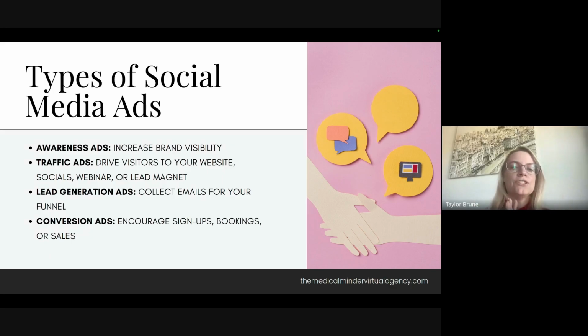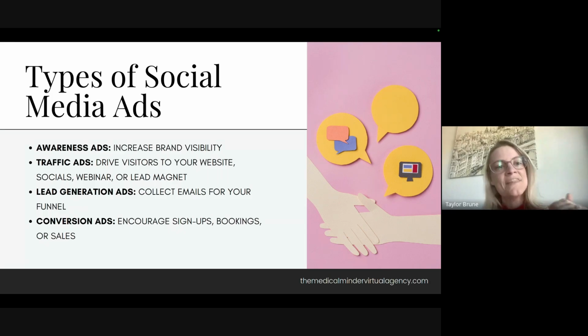And so what you want to do is start doing the awareness and traffic ads and the lead ads before the sales ads. This builds your credibility and your stature in Meta so that they see, okay, this is a real person.